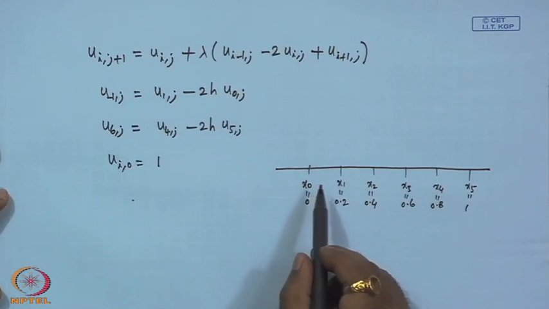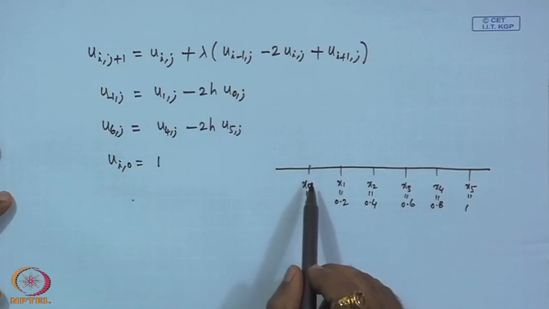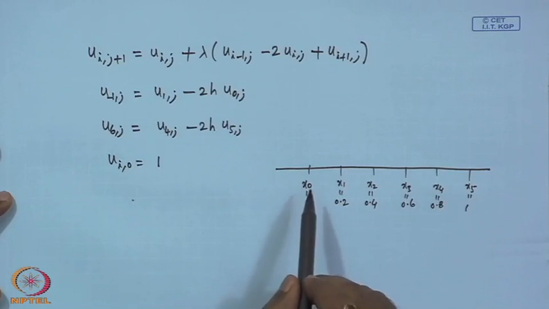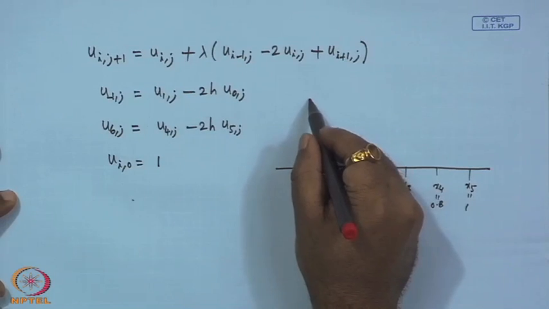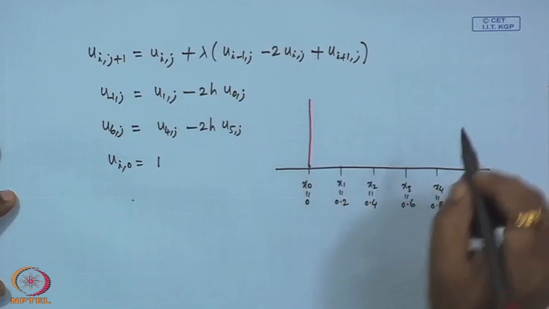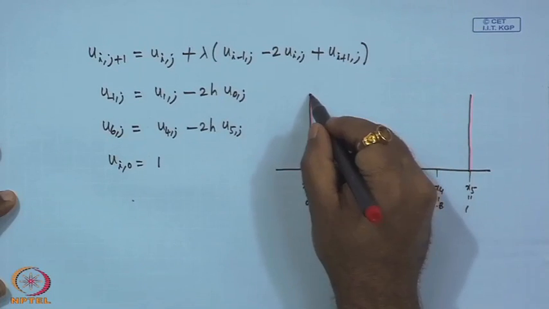Recall the earlier cases where we have the boundary data explicitly in terms of the function value. So, then the values along the boundary are known to us. Okay.